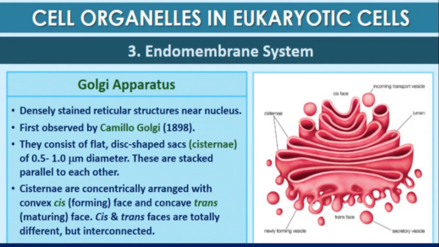And we can see the endoplasmic reticulum in three forms: in the form of vesicles, second in the form of tubules, and third in the form of cisternae. Okay, these are the three forms in which we can see the endoplasmic reticulum. Clear with that?